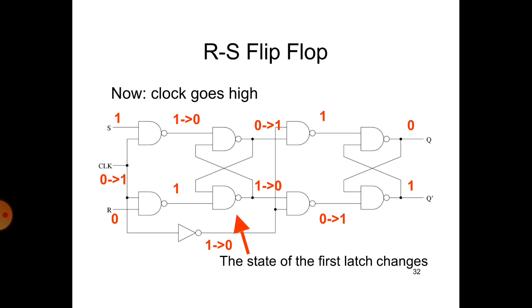So again the output of the third and fourth will be Q and Q bar, that will be 0, 1. That is 0 transition 1, 1 transition 0, that will be given to the input of the third and fourth NAND gate respectively. So in that case only the state will be changed in that latch. The state will be changed.